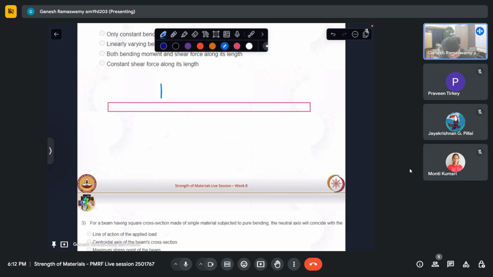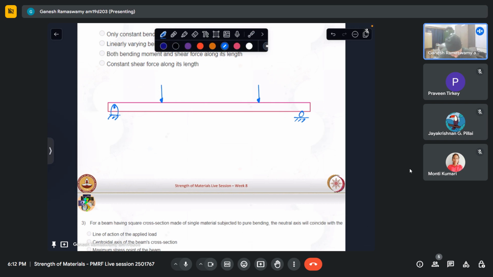Let us say it's an idealization where we have two loads applied like that, equidistant, so to speak, on a simple beam. Let us say I have a beam like that, which has a roller at one end and a hinge at the other, and it is subjected to this kind of loading.